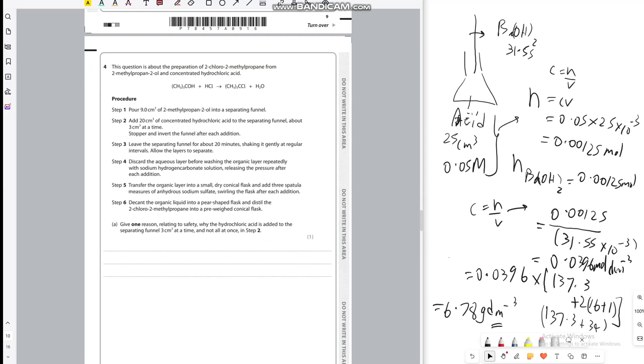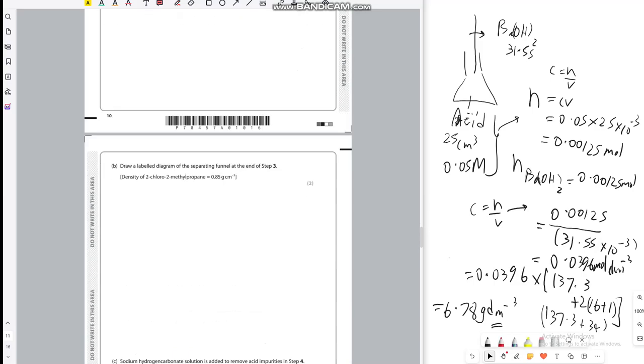So hydrochloric acid is a very highly reactive acid. It's a strong acid. So all of a sudden the solution will get heated, and there might be a pressure build up. So to get rid of that, they are adding it step by step instead of adding the whole thing.